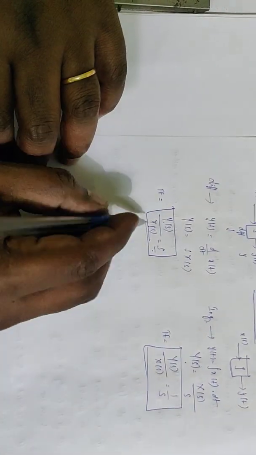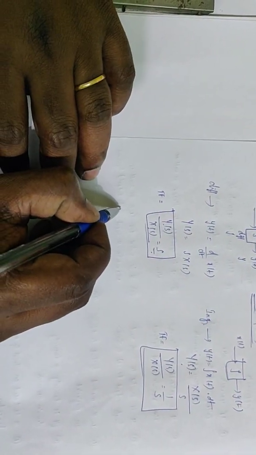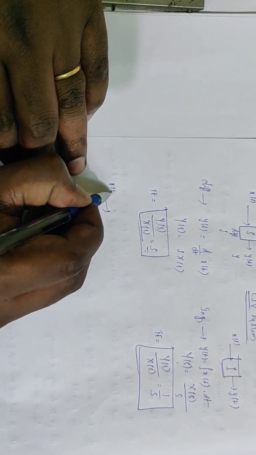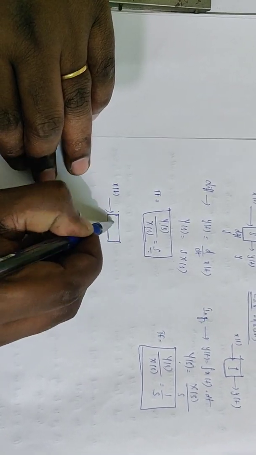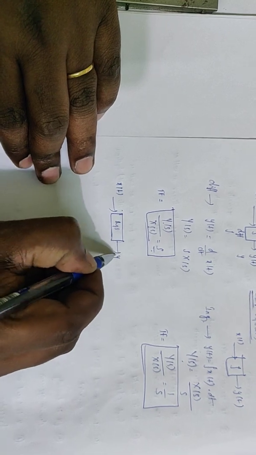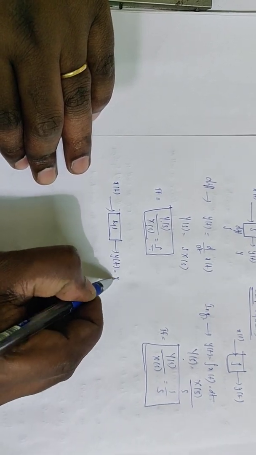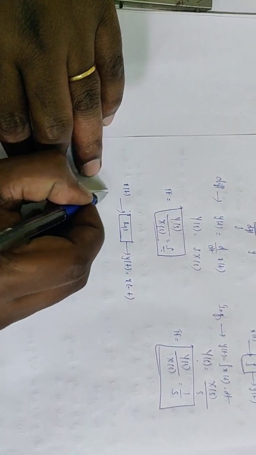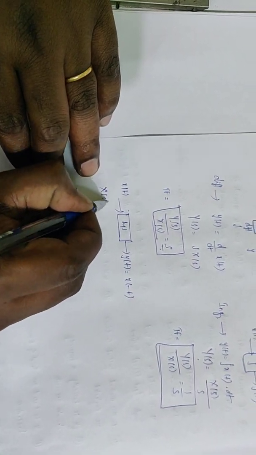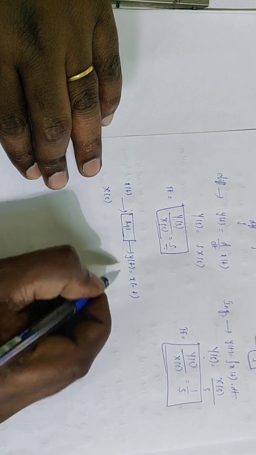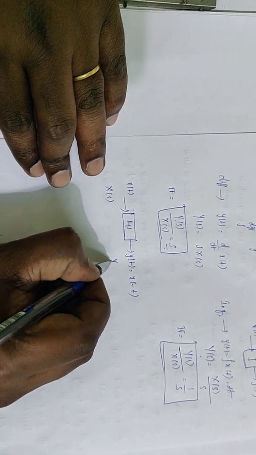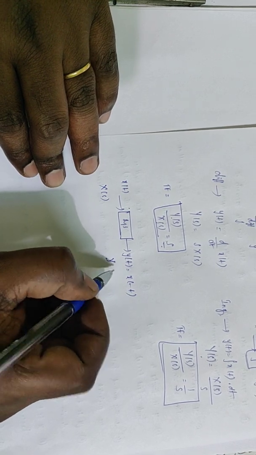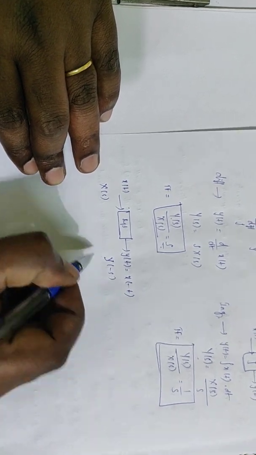For example, if it is time varying, say for the system y of t is equal to x of minus t. Let's assume that. If you apply Laplace transformation, it is X of minus s.